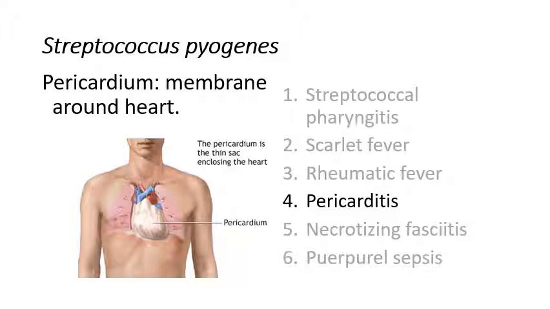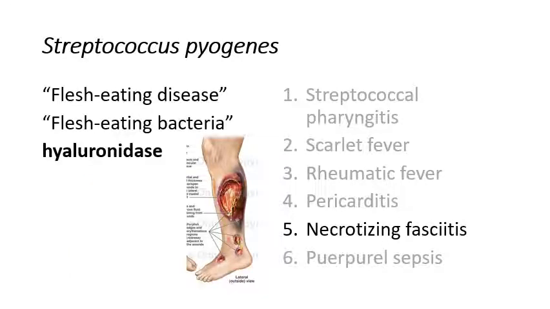Pericarditis is where strep pyogenes gets into the membrane surrounding the heart, causing irritation. All right, necrotizing fasciitis is caused by virulent strains of Streptococcus pyogenes. It's commonly known as flesh-eating disease or flesh-eating bacteria, right?